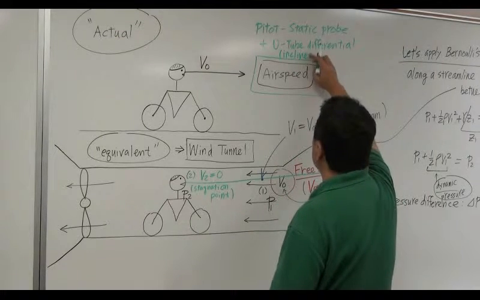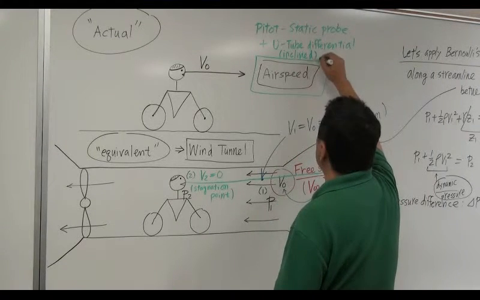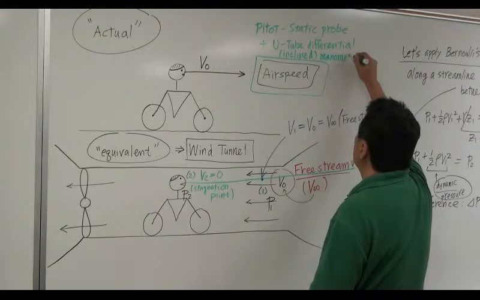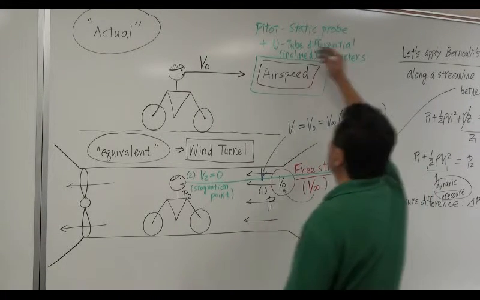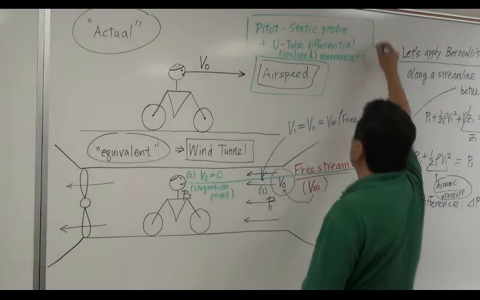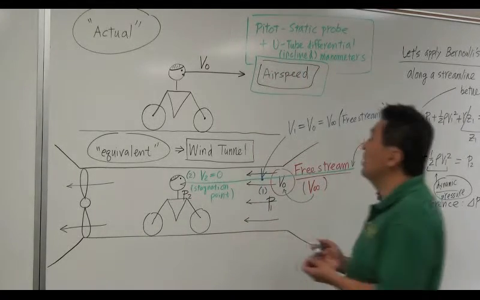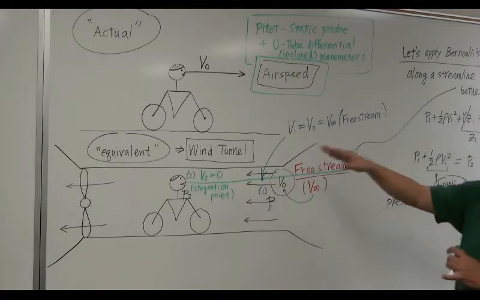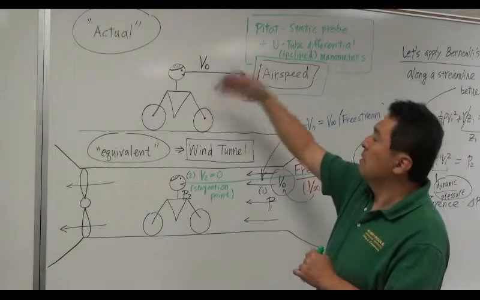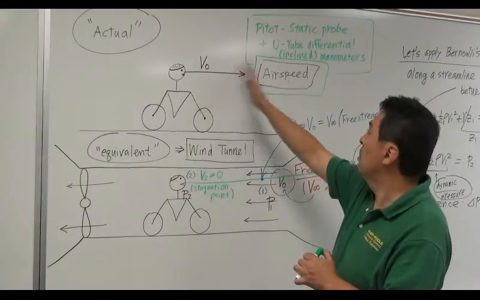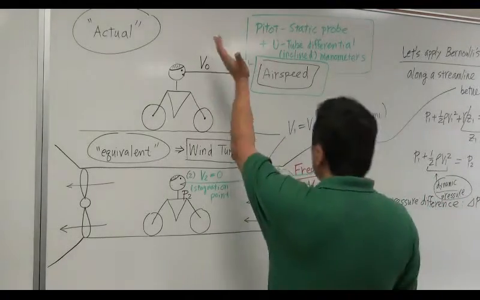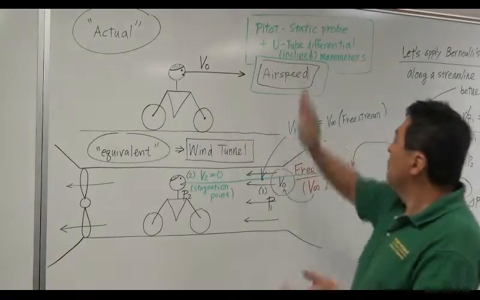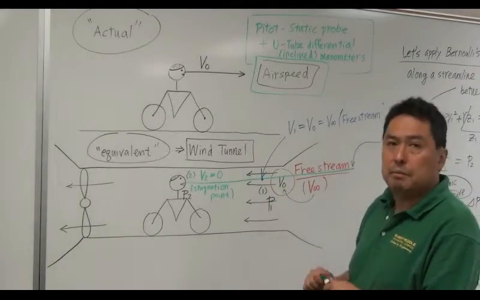Inclined is actually better because delta P is a very small value. Manometers. So the combination of these will determine airspeed of vehicles, how fast the vehicle is moving. It's called airspeed if this is an airplane. Even if this is a bicycle, you can determine how fast you're moving.